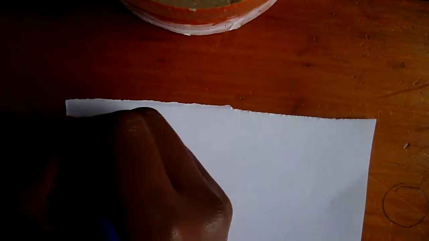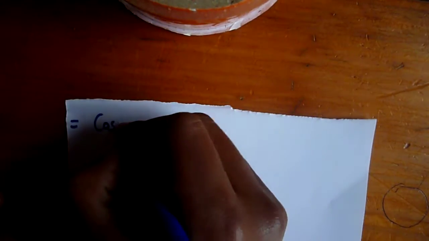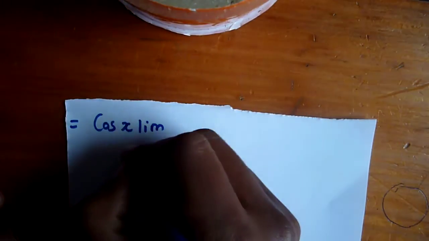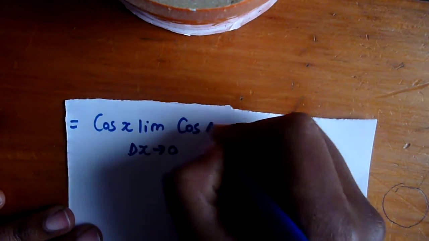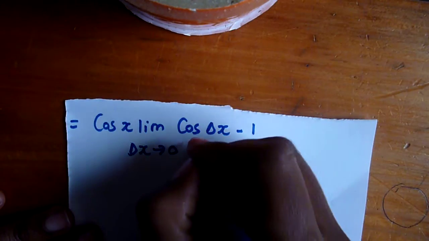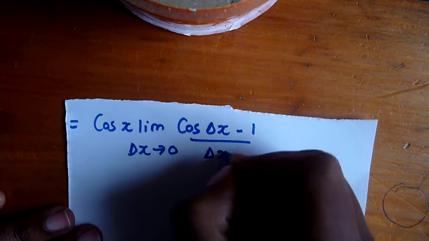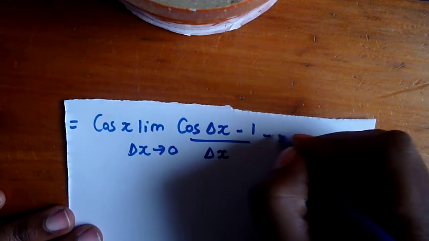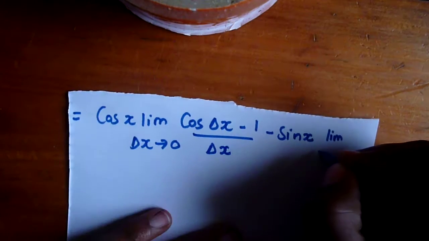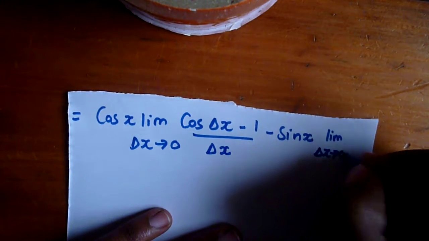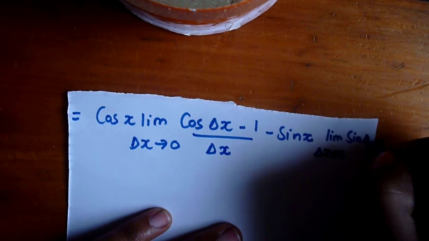So having said that, we're going to obtain cos x times the limit as change in x tends to 0 of cos change in x minus 1 all over change in x, minus sine x times the limit as change in x tends to 0 of sine change in x all over change in x.